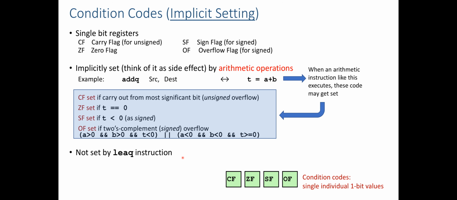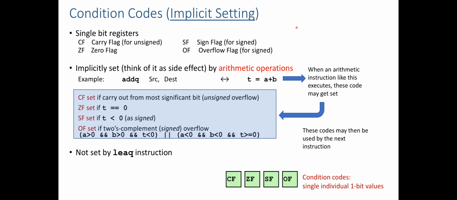Okay, so now the key here is that when we add and do this instruction, these codes may get set. And that is what we call implicit setting of these codes. Okay, now what then can happen is the next instruction may use those.